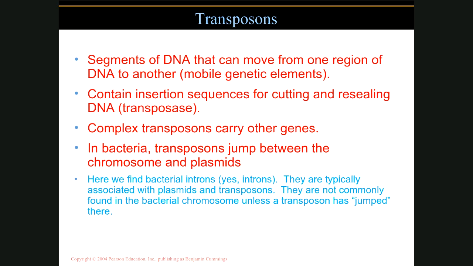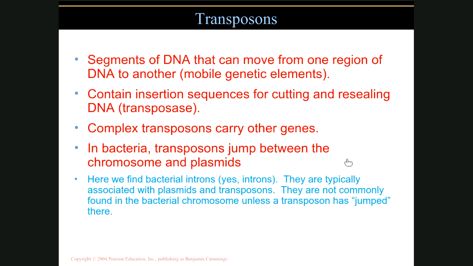I want to mention a few words about transposons, because transposons are an example of a bacterial intron. It's just not like the other introns that eukaryotes have, but it is considered to be an intron. But transposons are pieces of DNA that actually cut themselves out of a chromosome and move around and insert themselves somewhere else in that chromosome, or in a different chromosome if it's a eukaryote.